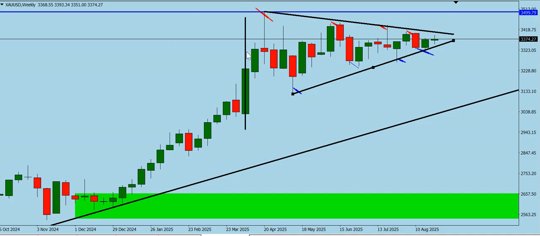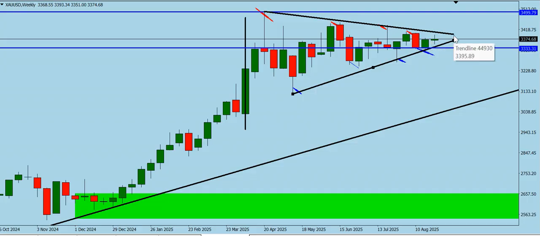Also, if we take this as the middle of the range, price is above the middle of the range. So all what the buyers are expecting is for price to go above this descending trend line. If that happens, price will continue its way up.